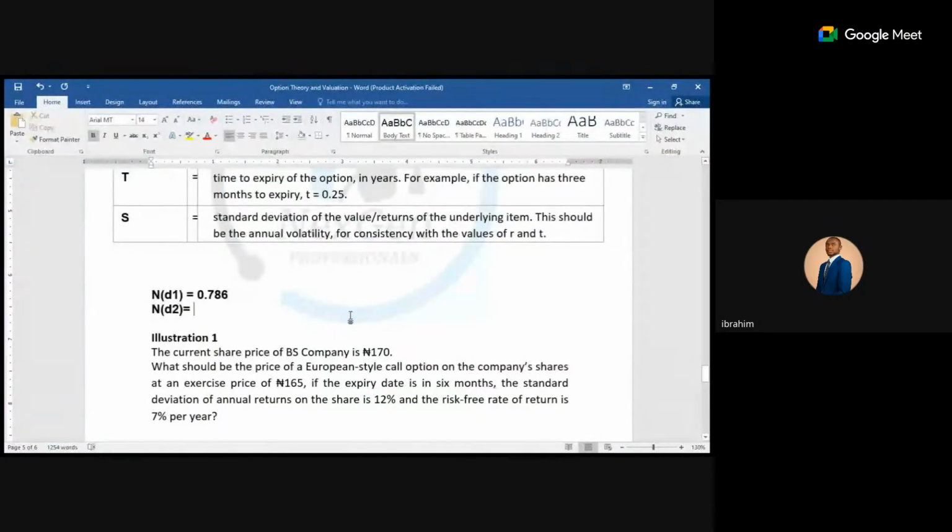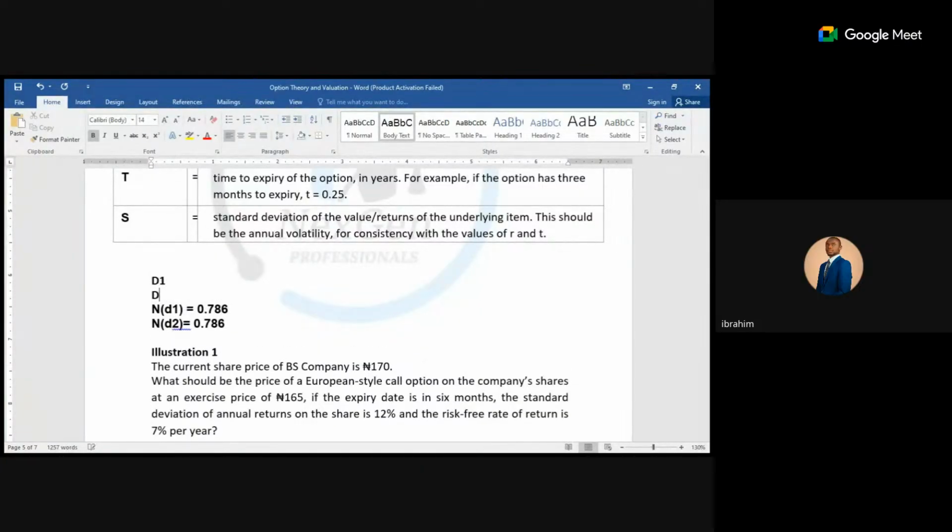And you calculate D2, you have positive 0.786. I mean, D1, D2, let's say you calculate the D1, D2, maybe you have 0.684.